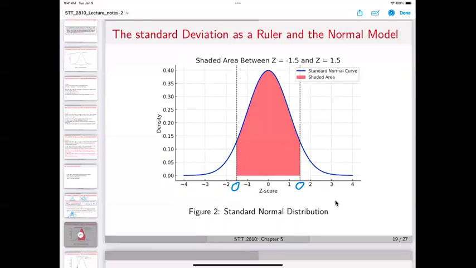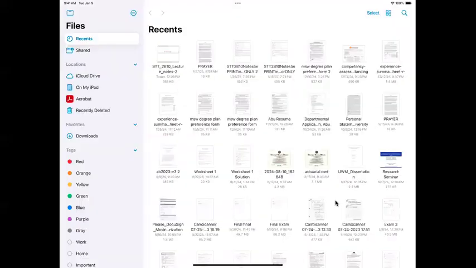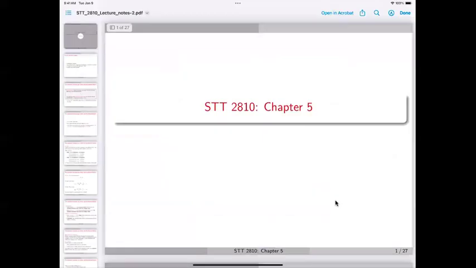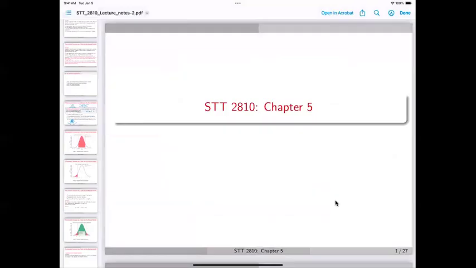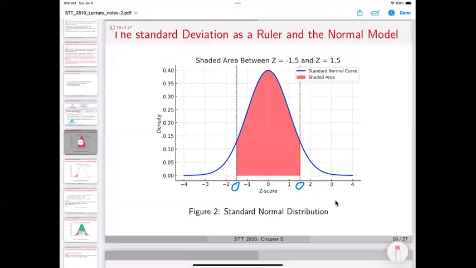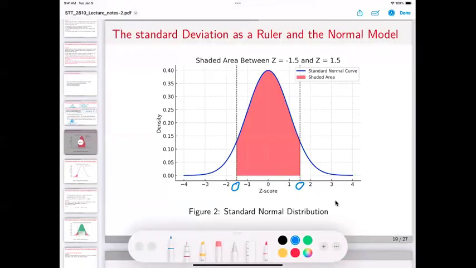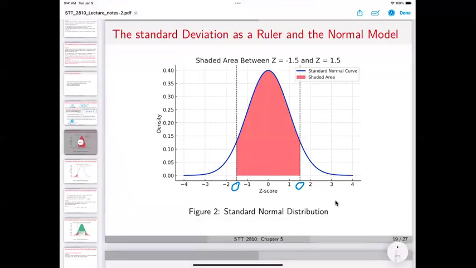So how do we write that? The probability between negative 1.5 and 1.5 represents this area here.